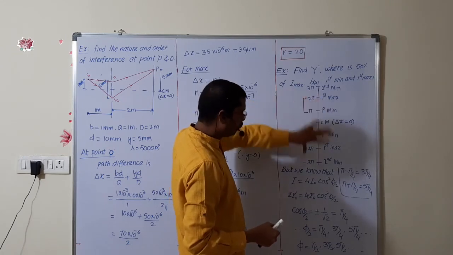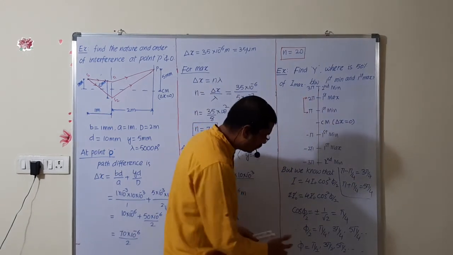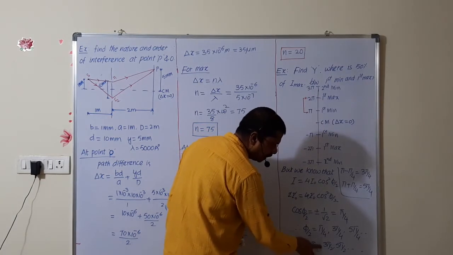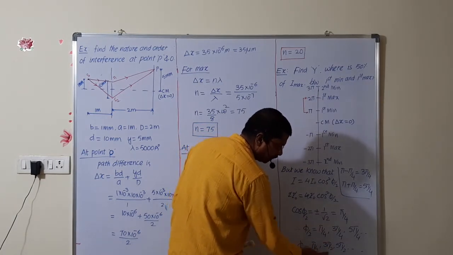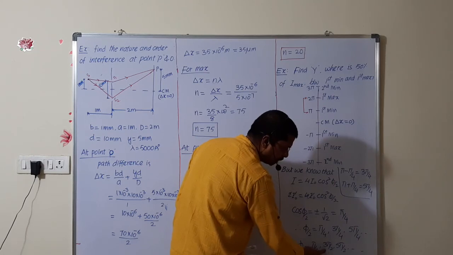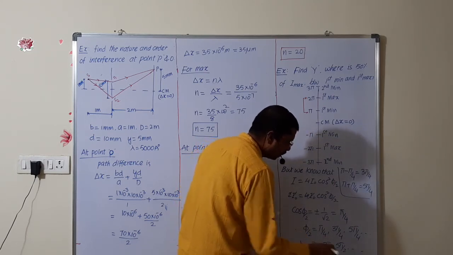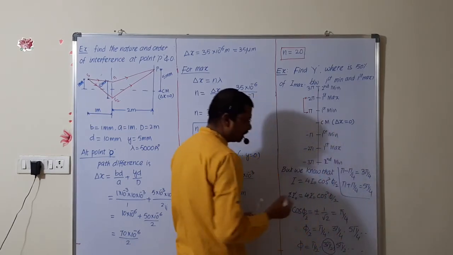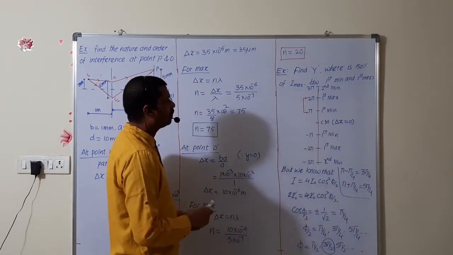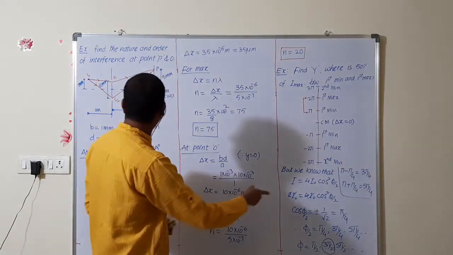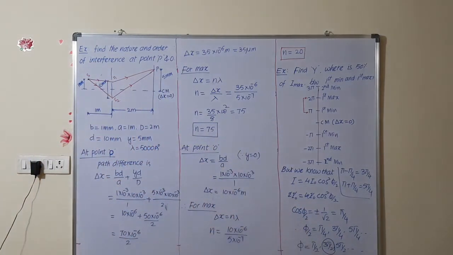If you take a value less than pi, it is not possible. Here 3 pi by 2, which is 1.5 pi, is possible, and that is the phase difference we got. By using that, we have to find the path difference. First copy this down.